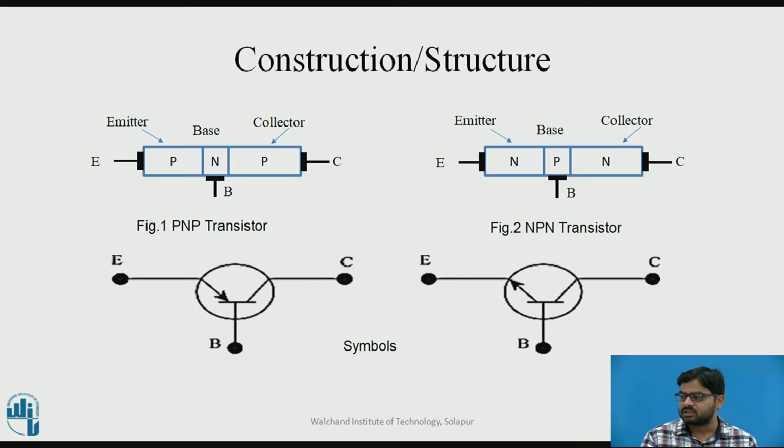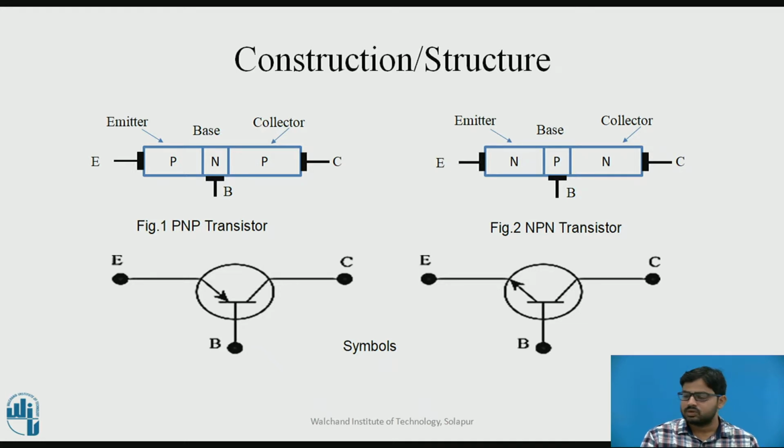In NPN transistors, a P-type base is in between two N-type semiconductors. In the PNP transistor, the first layer, P, is called the emitter, the center one is called the base region, and the third one is called the collector region.